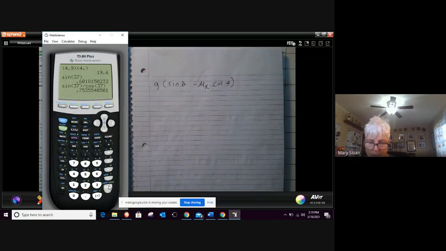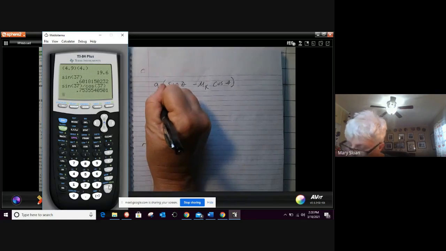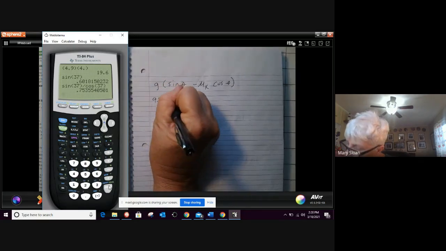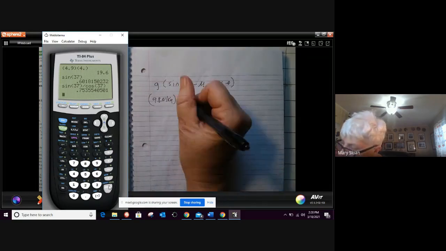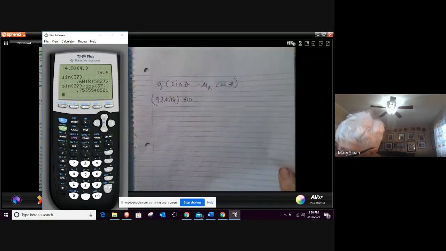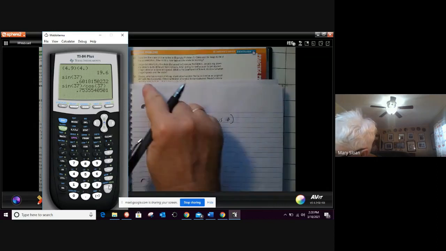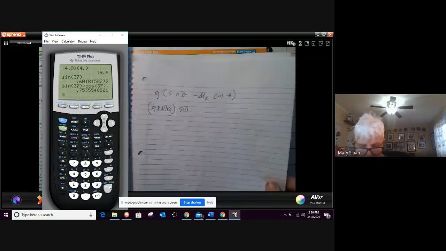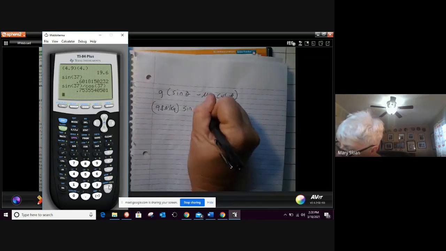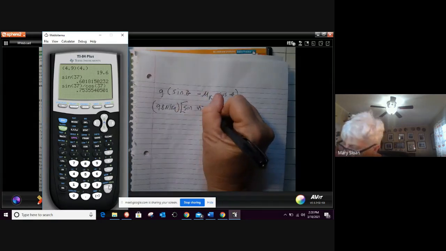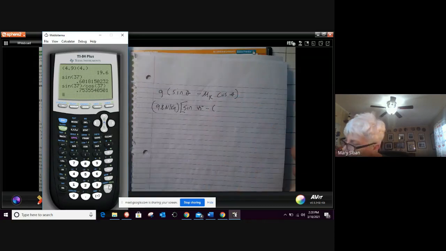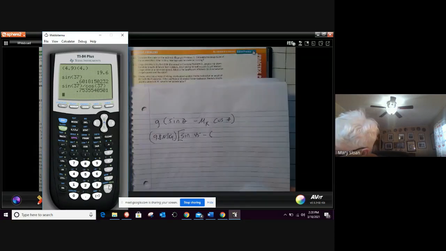So for this one, I'm going to know some of the answers here. I know gravity is 9.8 newtons per kilogram. I also know that the angle it says here is 45 degrees. And I'm going to subtract what my kinetic friction is.